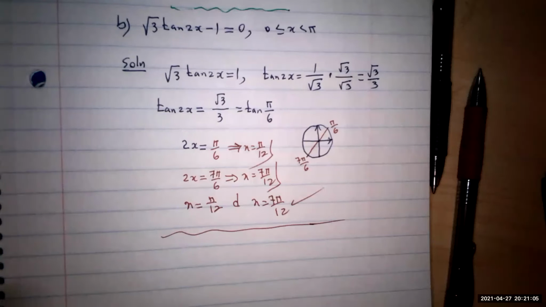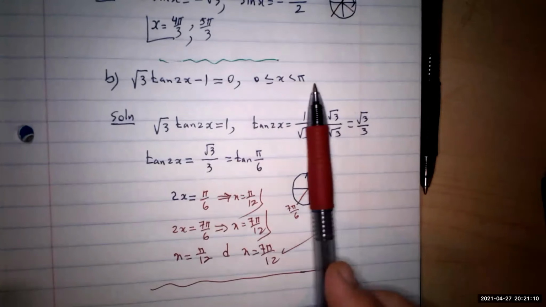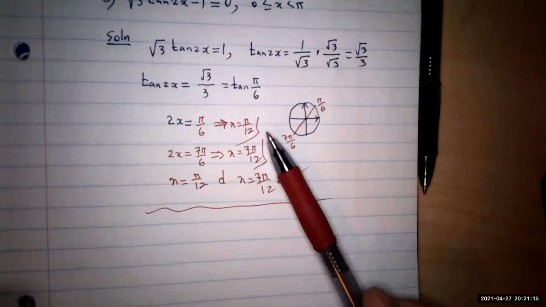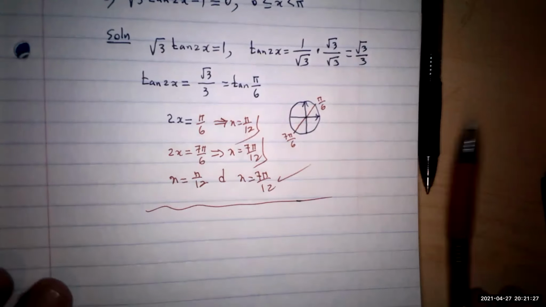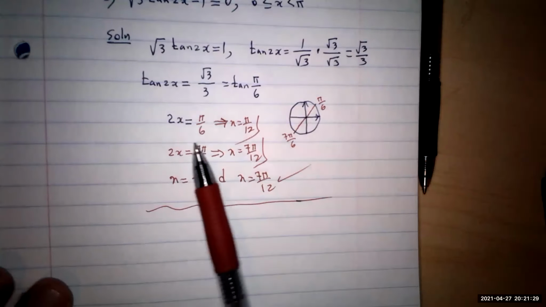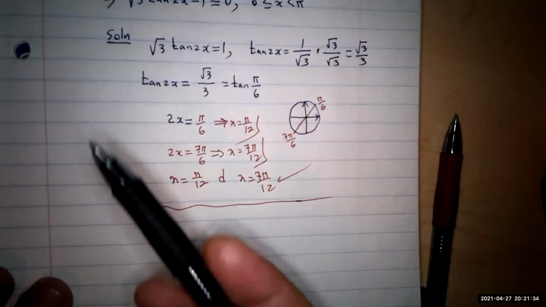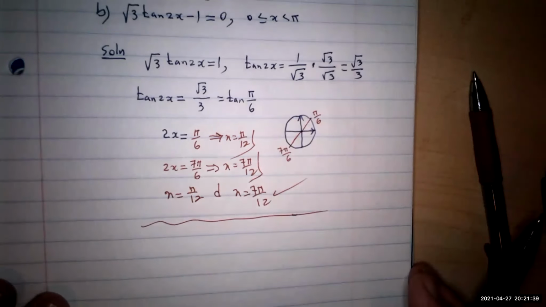So it's correct. The question says x is between 0 and pi. So I have x equal to pi/12 and x equal to 7 pi/12, and 7 pi/12 is between 0 and pi. Just to make sure that this is a 2x, you apply the 2x first, then we get the x. Any question? So just the sine and the tangent, and so those 4.